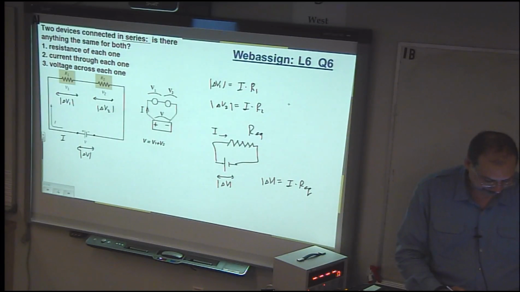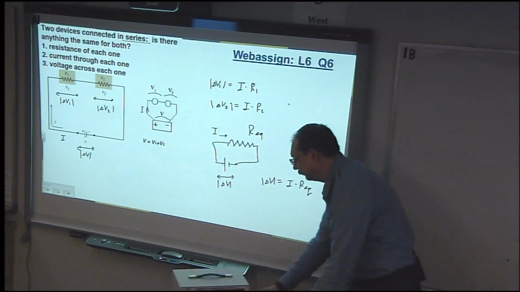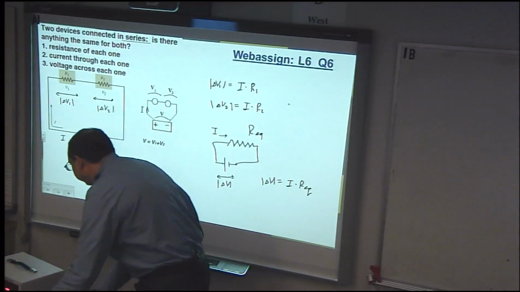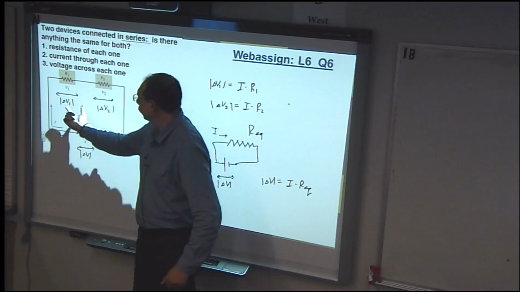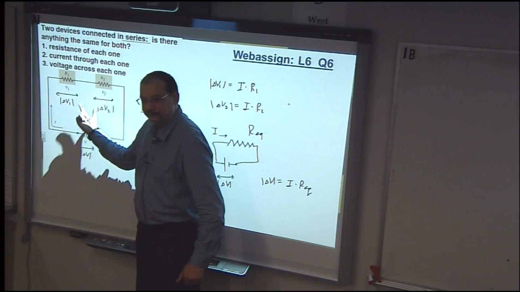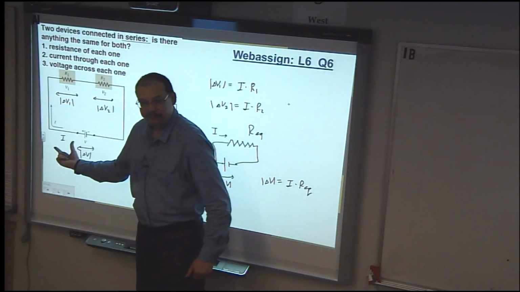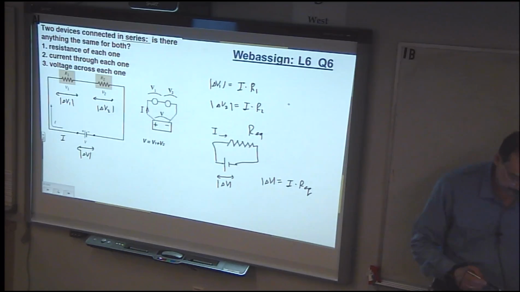Well, as we know from the past, okay, I might use it later, so this voltage plus this voltage should give the total voltage. That is the connection. So we can write it down.